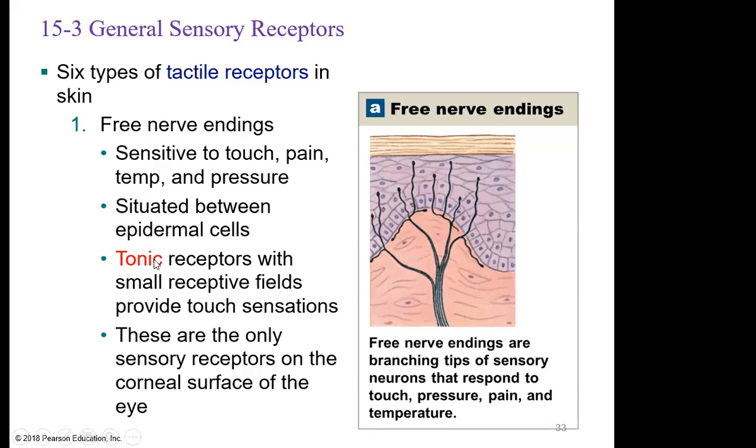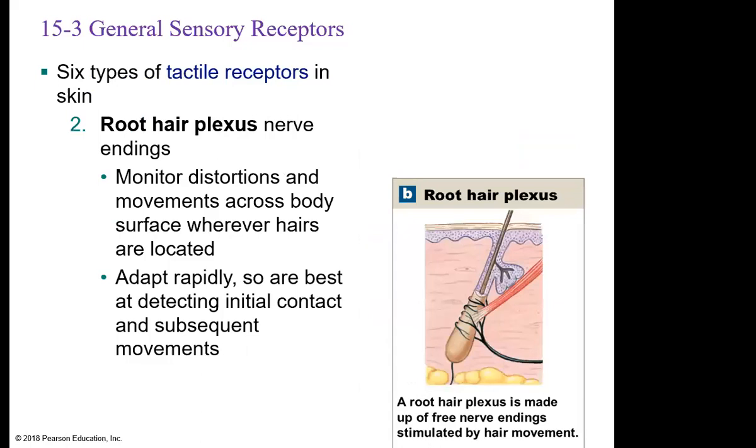So they are tonic as well. Remember that, tonic. And these are the only receptors on the corneal surface of the eye, which is really cool. That's one of the reasons why you cannot touch somebody's cornea without them blinking, right? Because they have these free nerve endings right there, and that touch sensation is going to automatically cause them to blink their eye, so that you don't hurt their eyeball.